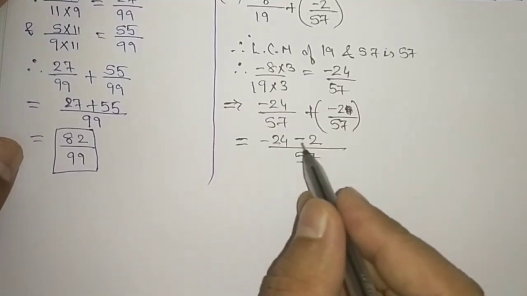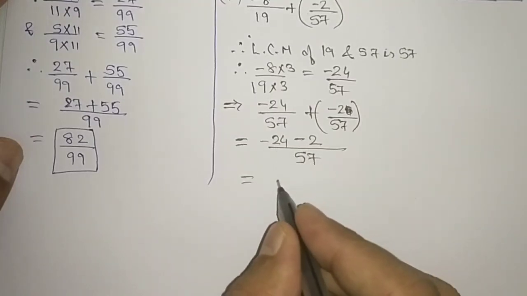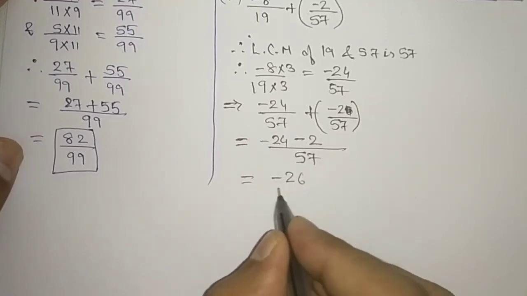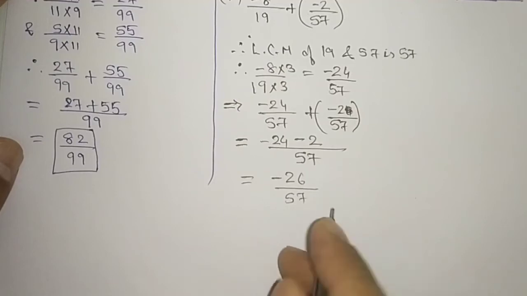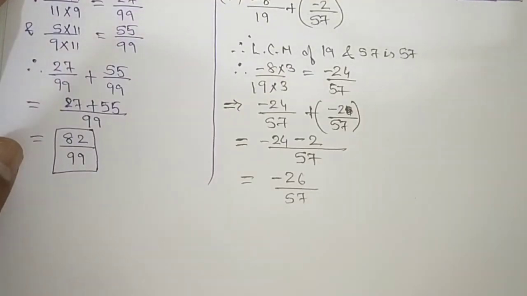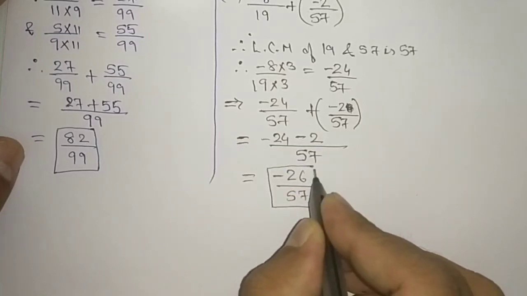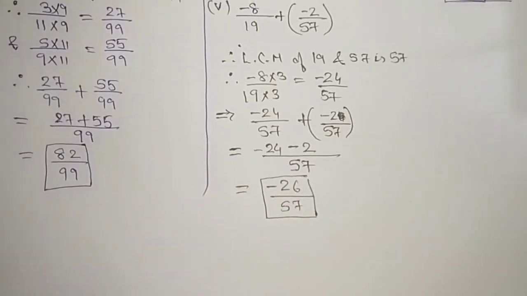Since both the signs are the same, the answer will be negative and we will add the numbers, so it will become minus 26 divided by 57. We can't cut it further, so your answer will be as it is.